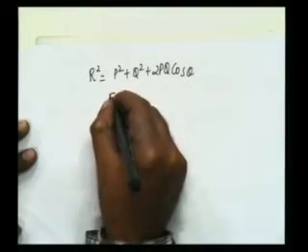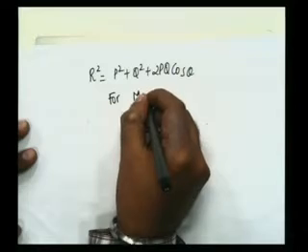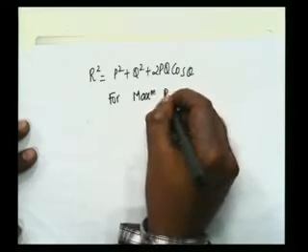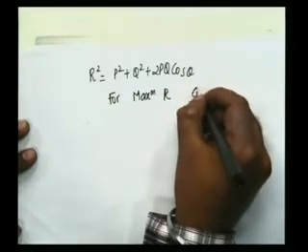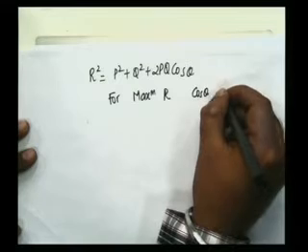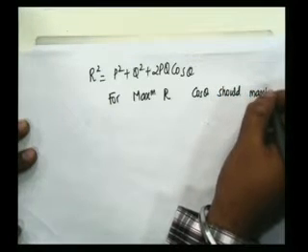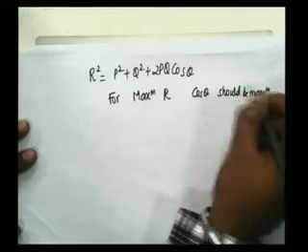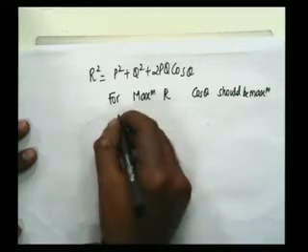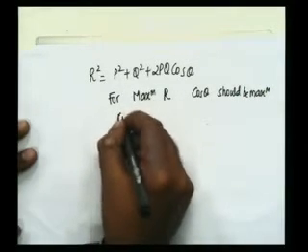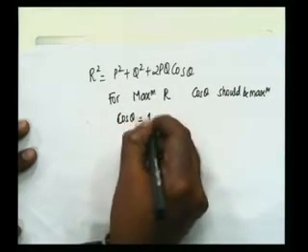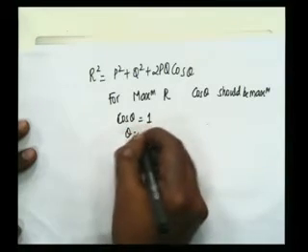So for maximum R, cos theta should be maximum, and maximum cos theta is equal to 1 for theta equal to 0.